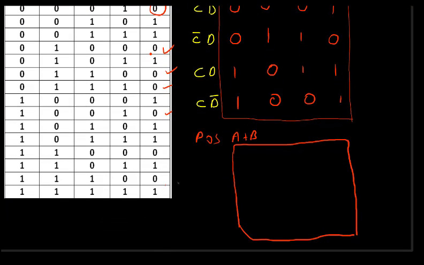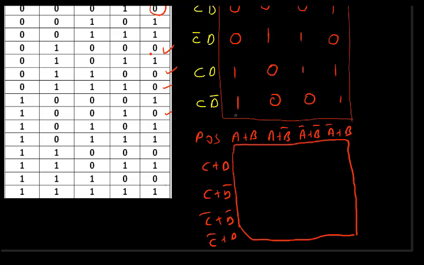So here we have A or B bar, then A bar or B bar, and finally A bar or B. Here we have C or D, C or D bar, C bar or D bar, and C bar or D.